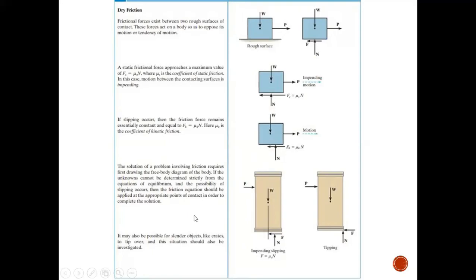The solution of a problem involving friction requires first drawing the free body diagram of the body. If the unknowns cannot be determined strictly from the equations of equilibrium and the possibility of slipping occurs, then the friction equation should be applied at the appropriate points of contact in order to complete the solution.